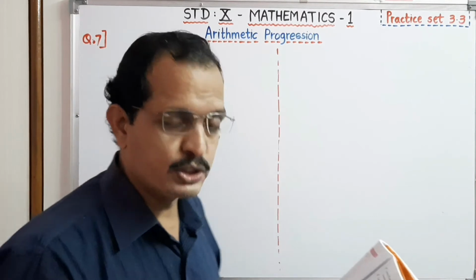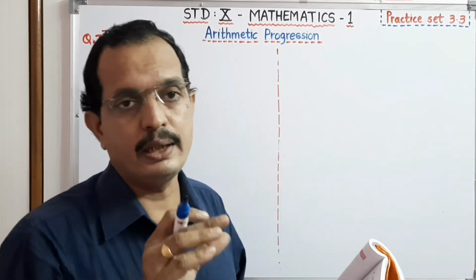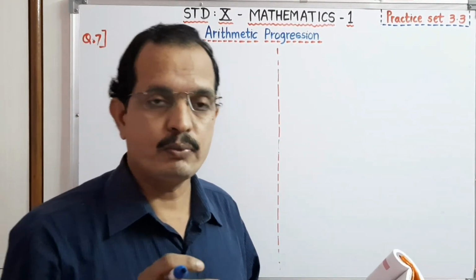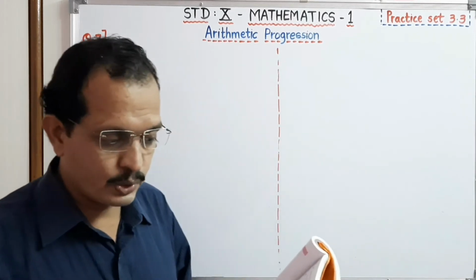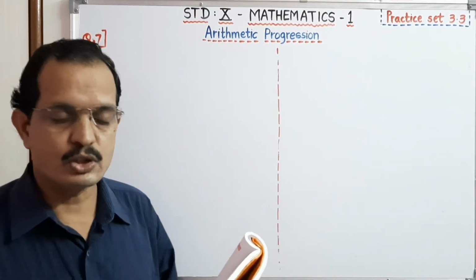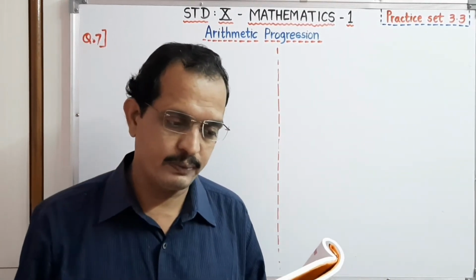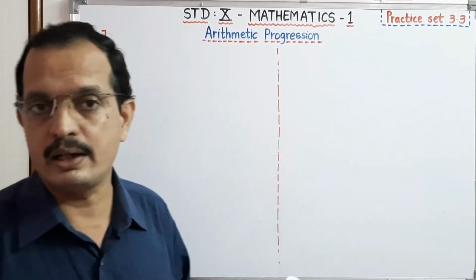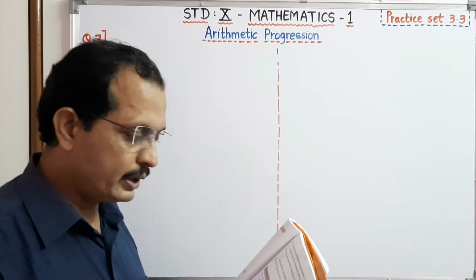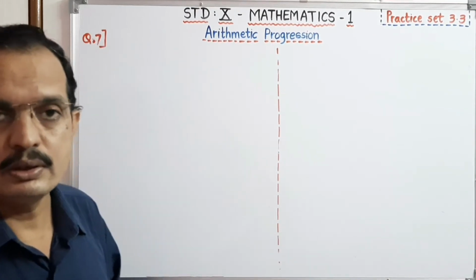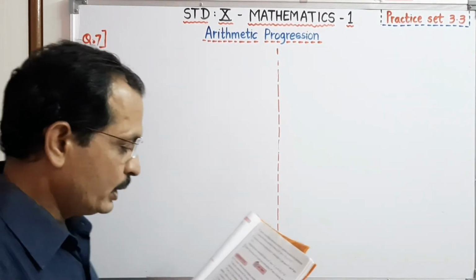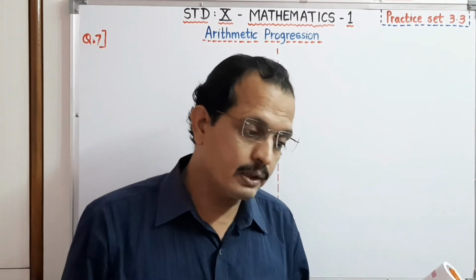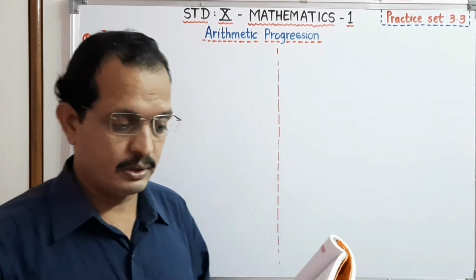Sum of 3 consecutive terms. One AP is there, and from that AP 3 consecutive terms, if we make the addition of that, it will be 27. Then product of that same number is 504. Then find the terms. Dear student, here we have to assume that 3 terms are which one?